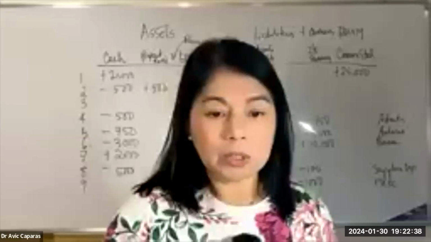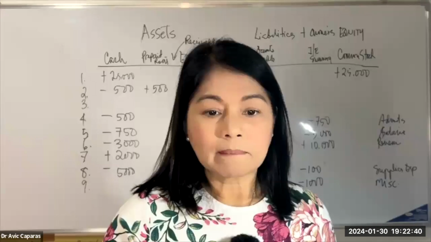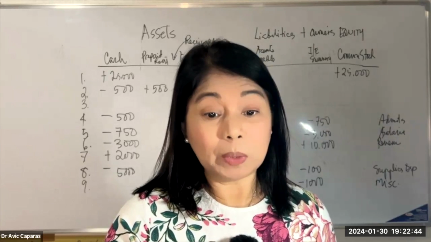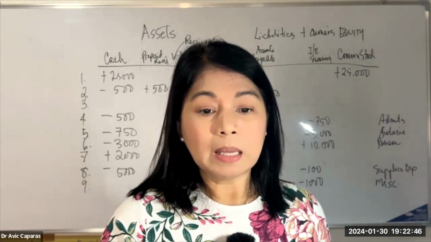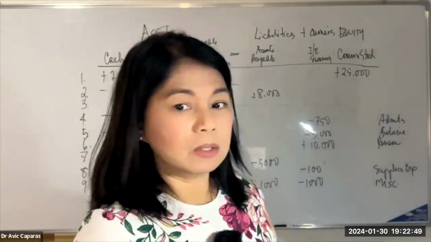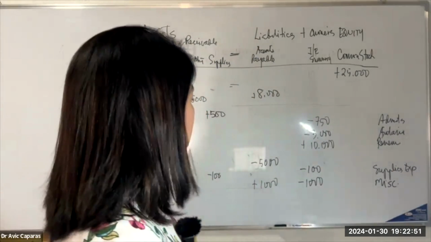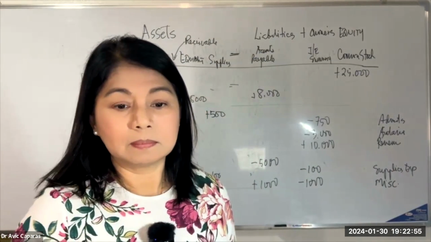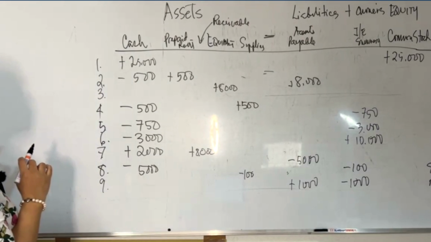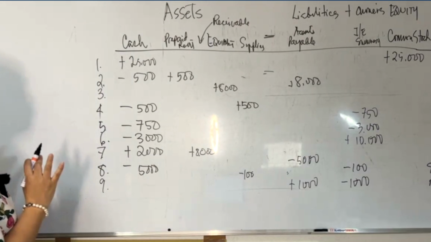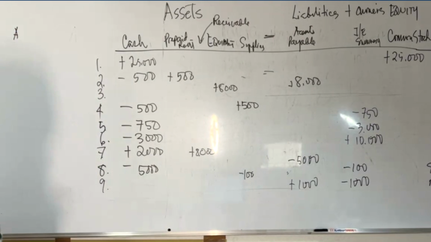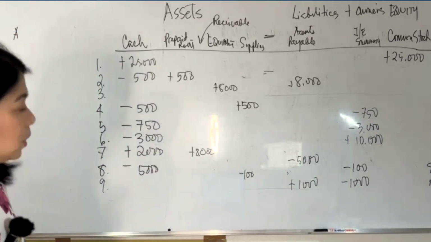So what else are we supposed to do? So we did that analysis, explain how the transaction. So we did that as we went along. Prepare an income statement for the month. So that's a bit easy. Where are we going to put it? Actually, I think I can use that. Never mind. No, this is Bon Voyage Travel.